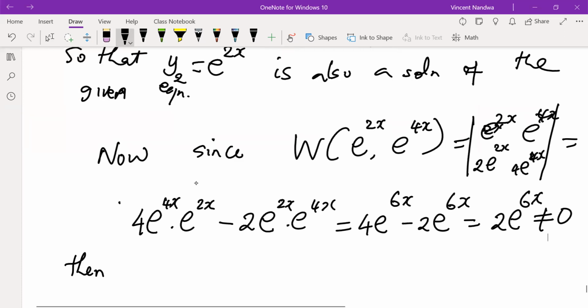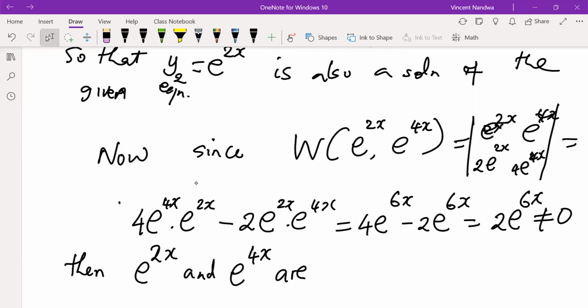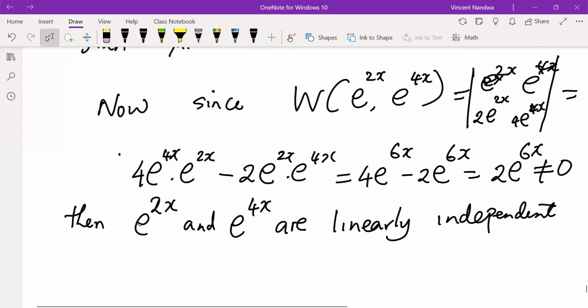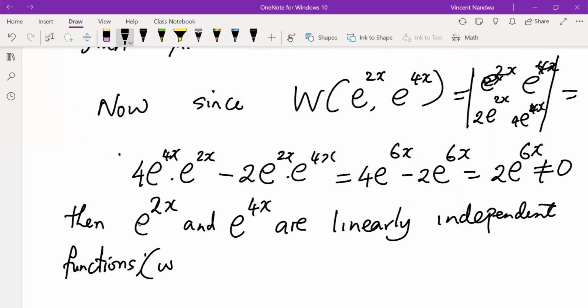Then e raised power 2x and e raised power 4x are linearly independent functions, which also satisfy the given differential equation.